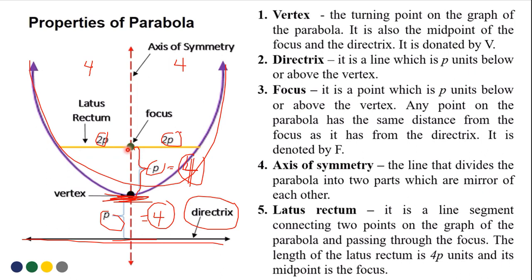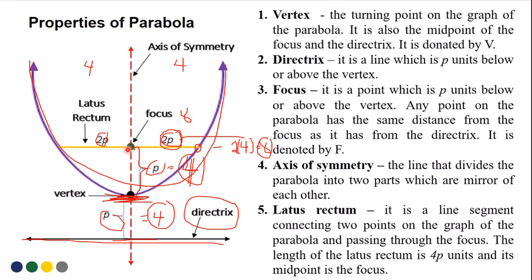Meaning to say, if you're going to get the value of 2p, just simply substitute 2 times 4, and that will be 8. So if it is 2p, the first wing or the right wing should be 8 units from the focus, starting always from the focus to the endpoints of the parabola.